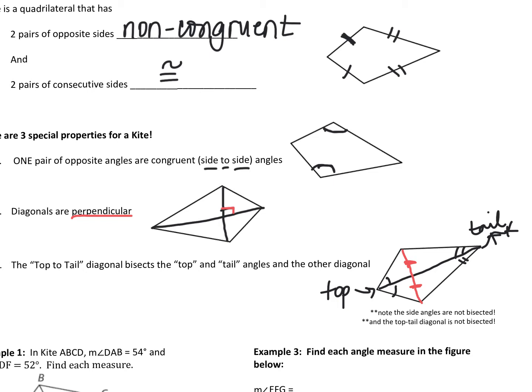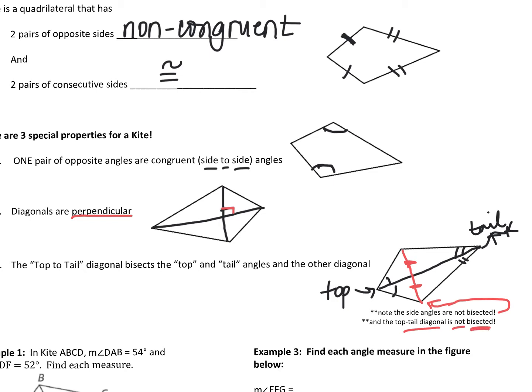I want you to make sure to notice that the side angles are not bisected. So these angles here are not bisected. And the top to tail diagonal is not bisected, okay?